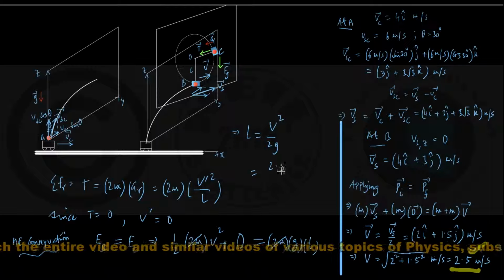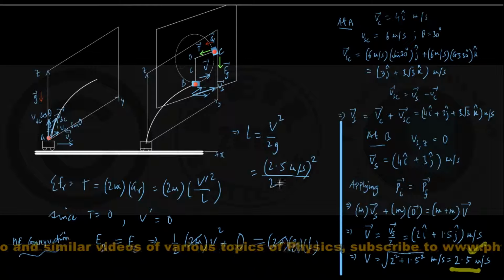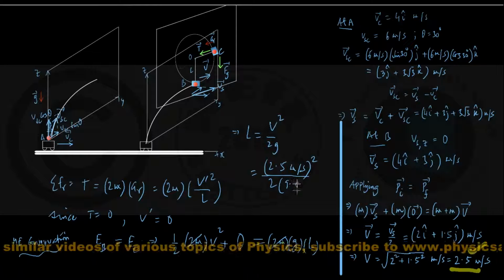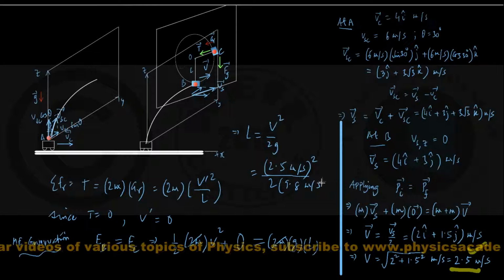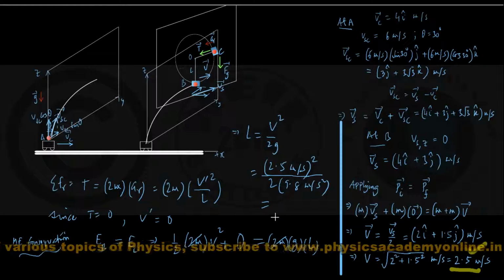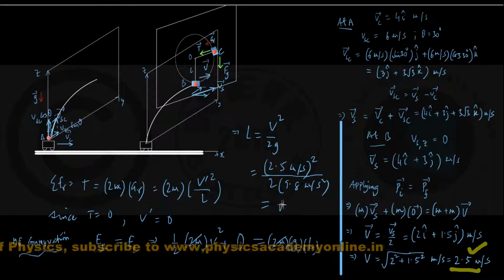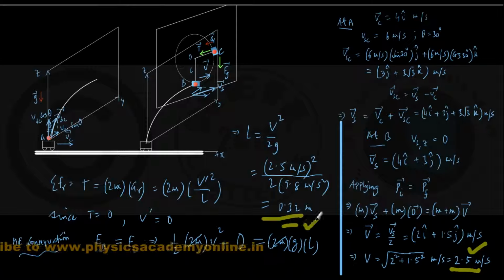So this is 2.5 meter per second squared divided by twice the free fall acceleration, 9.8 meter per second square. Complete the calculation and show that the value of L is coming out to be about 0.32. I am getting 0.32 meter into significant figures. And this is the answer of part B of the question.